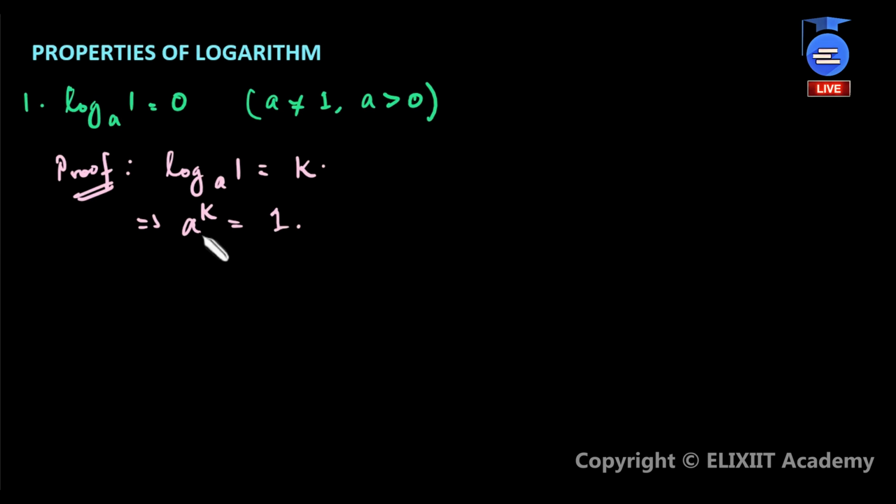And this is valid when k is equal to 0. So you got the value of k. So log 1 base a is equal to 0. Important property. Directly you see log 1 to the base a is 0.